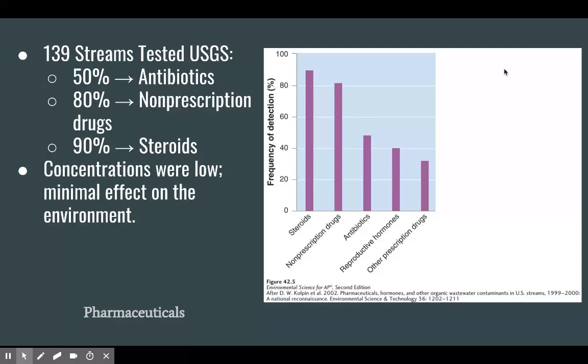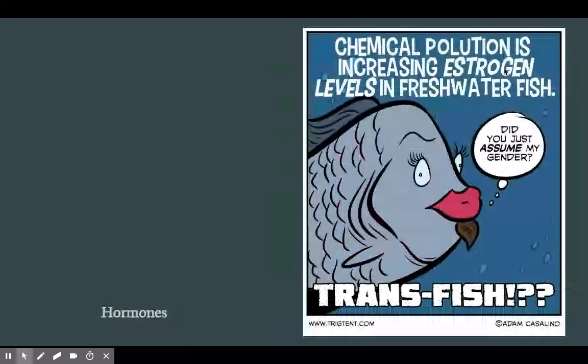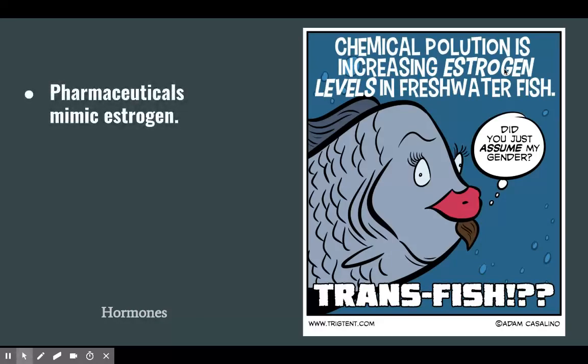However, hormones can operate at very low concentrations, and inside the tissues of organisms, we have a really poor understanding of their effects so far. A perfect example that's happening right now is there are low concentrations of pharmaceuticals in our waterways that mimic estrogen.